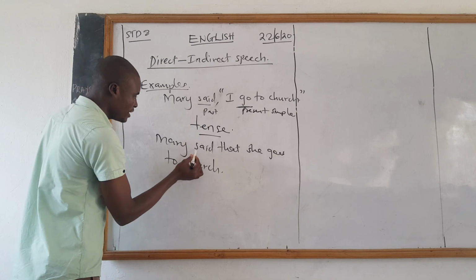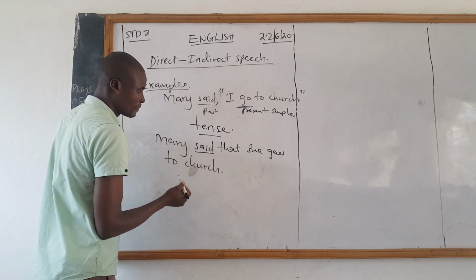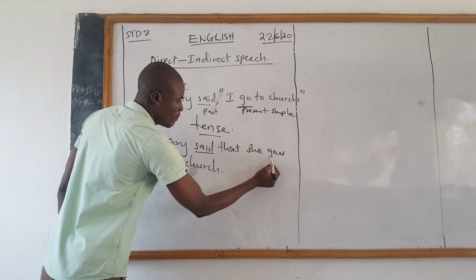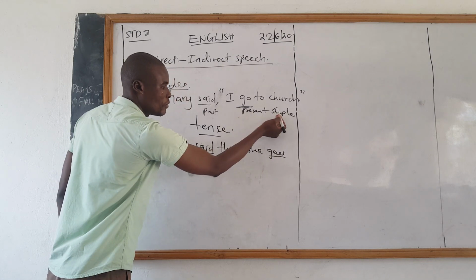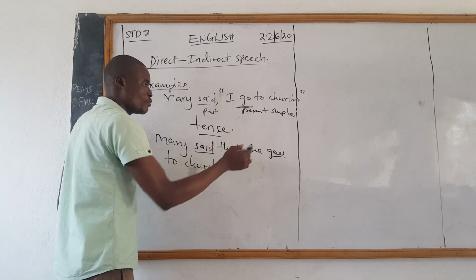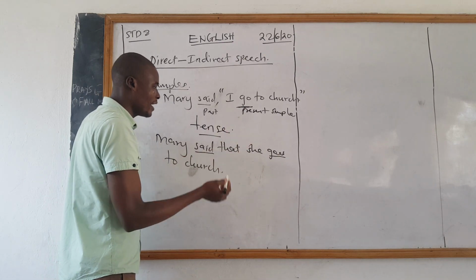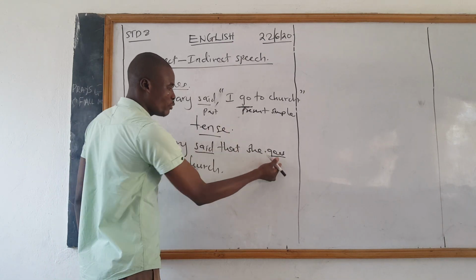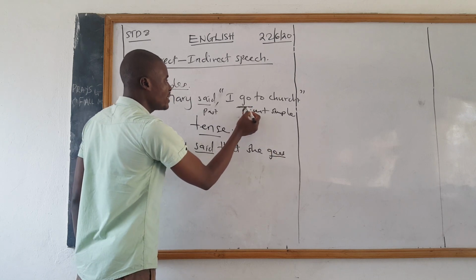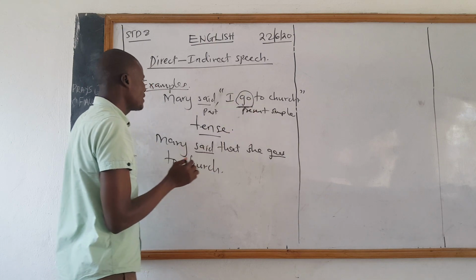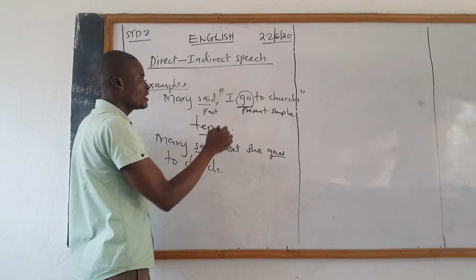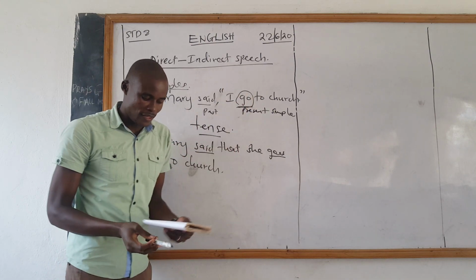So now, if you are very keen, we have maintained our said, and again, Mary said that she goes. We don't change that. It remains present simple. You can't change that to the past by saying that Mary said that she went to church. You can't put went here because Mary speaks in the present simple tense there. Hence, it must remain like that. Mary said that she goes to church, and that is the correct answer.